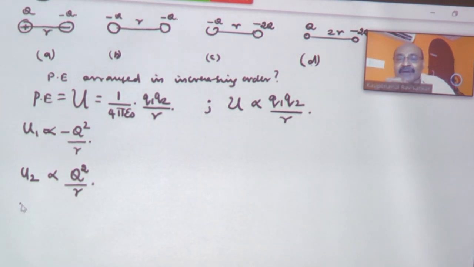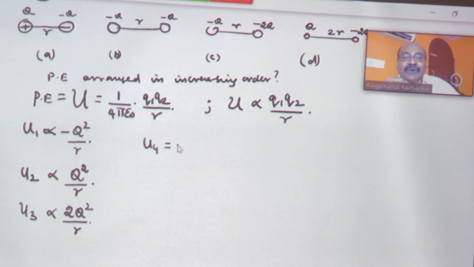Then epsilon 3 is proportional to minus q and minus 2q, minus into minus gives plus, so 2q square divided by r. Let us consider epsilon 4, q and minus 2q, so you get minus 2q square divided by 2r. One of these two will get cancelled, so we get minus q square divided by r.